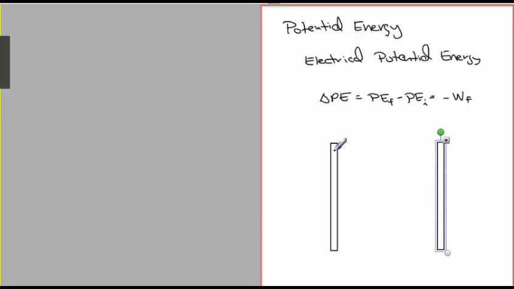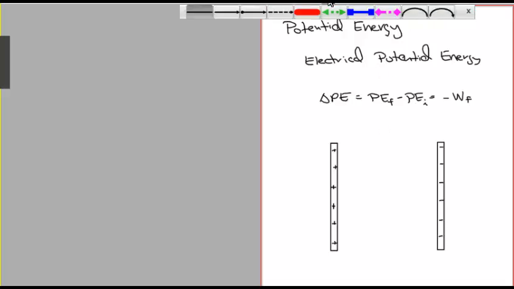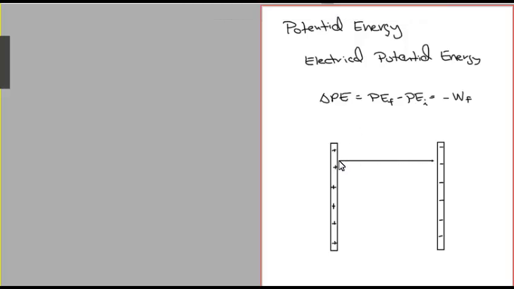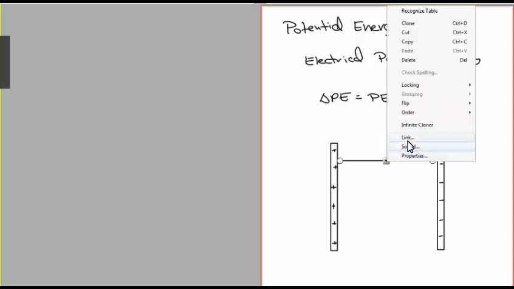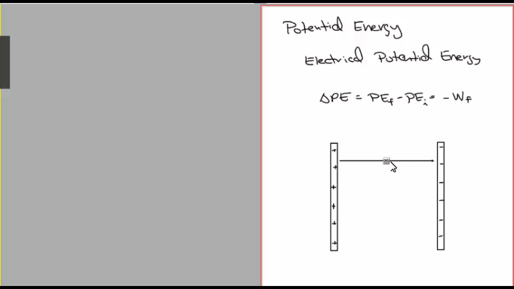One plate has positive charge on it, and one plate has a negative charge on it. And because of that, there's an electric field that exists between these two charged plates. The electric field goes from the positively charged plate to the negatively charged plate.